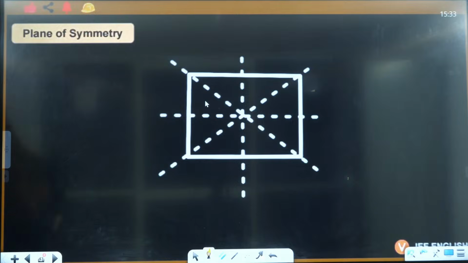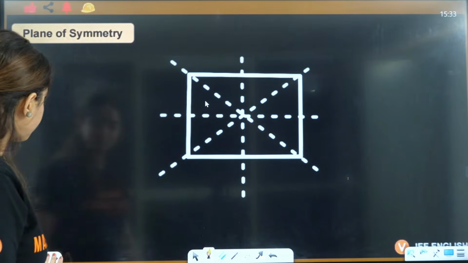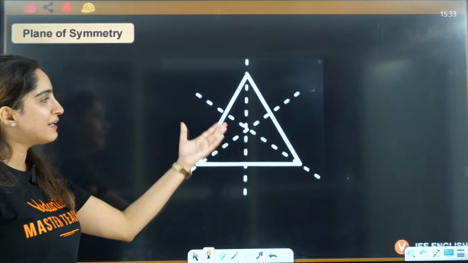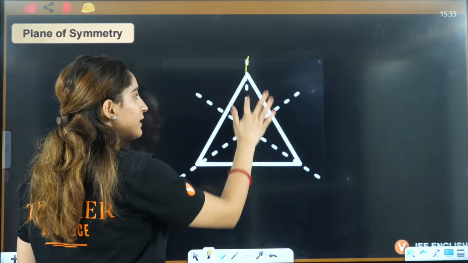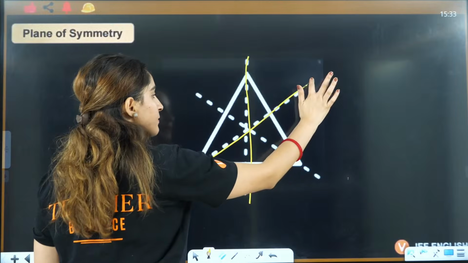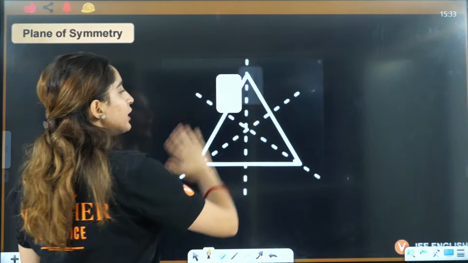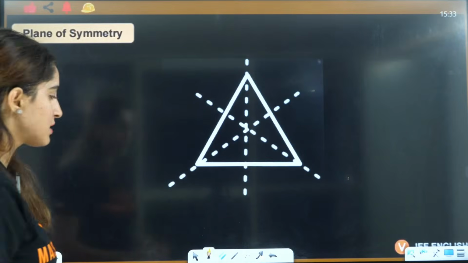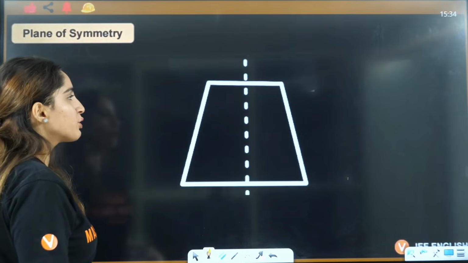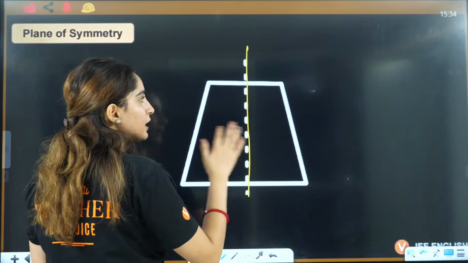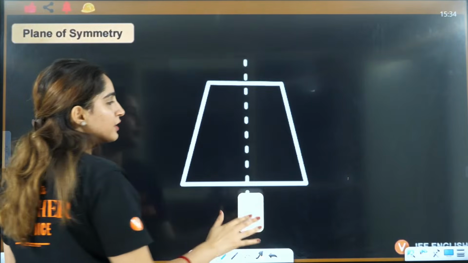All you have to do is imagine. So here you can see there is one plane that can pass like that, one plane that can pass like that, and one plane like that. That will divide it into equal halves, right? Then here also there can be one plane that can pass and divide it into equal halves.